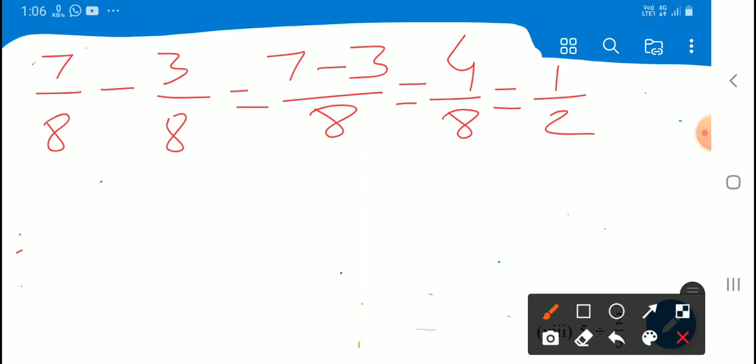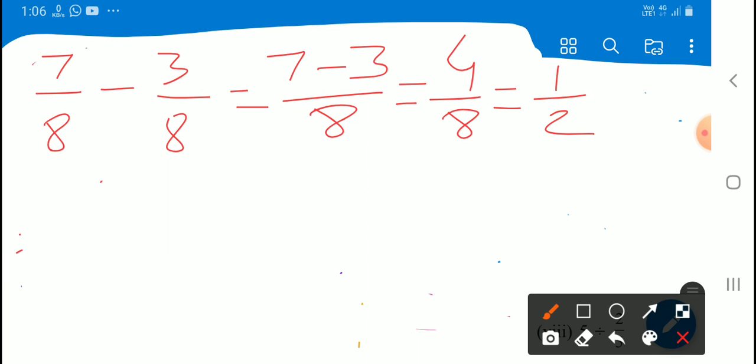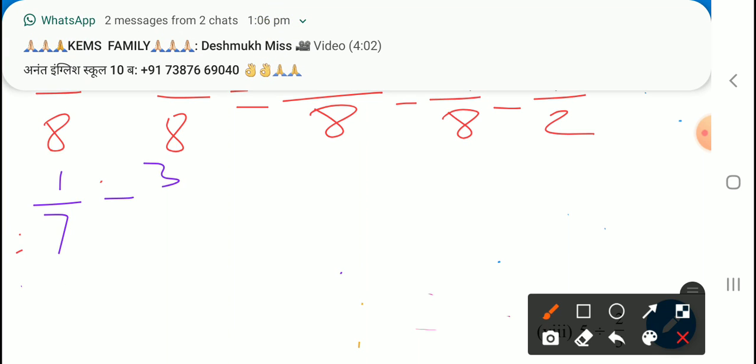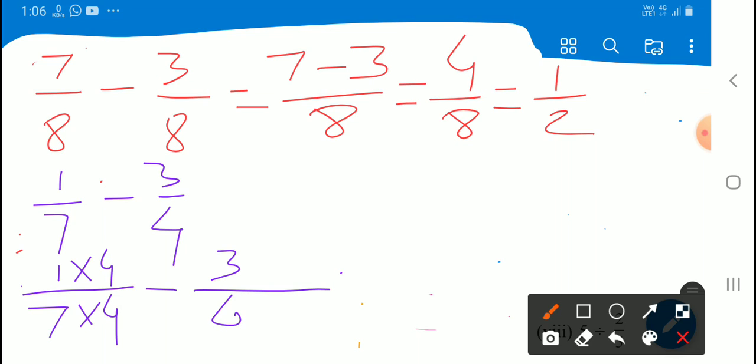Now if the denominator is not equal, how to solve the example, that we will see. I will write here 1 upon 7 minus 3 upon 4. First of all, I have to make the denominator equal. So I will write 1 upon 7 multiplied by 4, minus 3 upon 4 multiplied by 7.